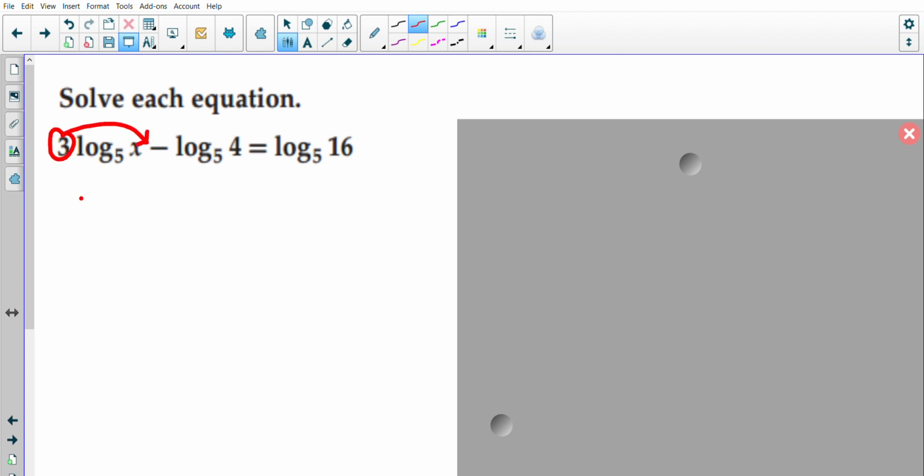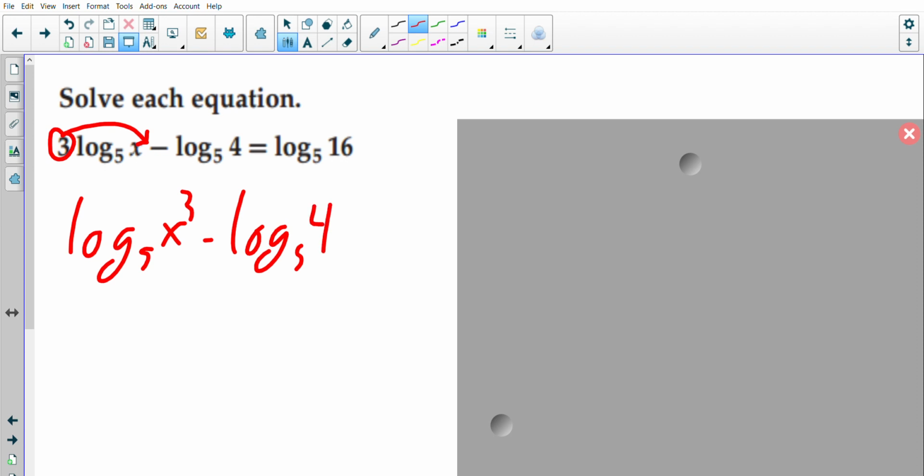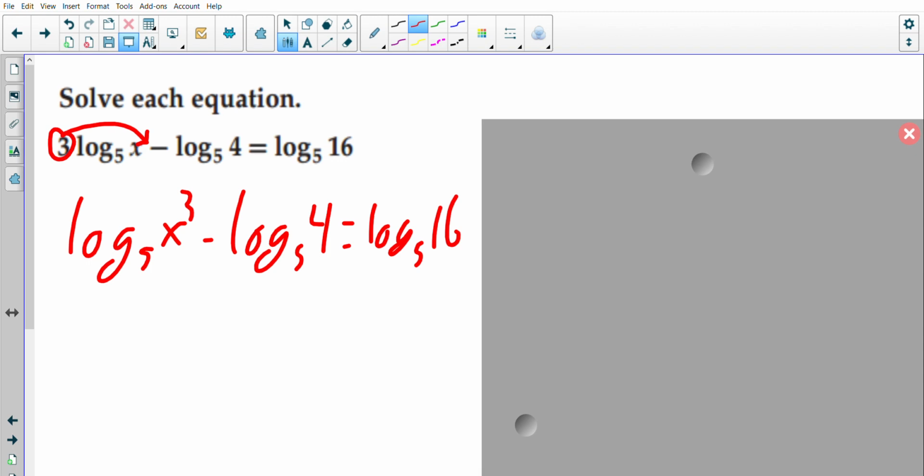So we get log base 5 of x to the third minus log base 5 of 4 is equal to log base 5 of 16. And then we combine it once again using our division property. Log base 5 of x to the third over 4 is equal to log base 5 of 16.